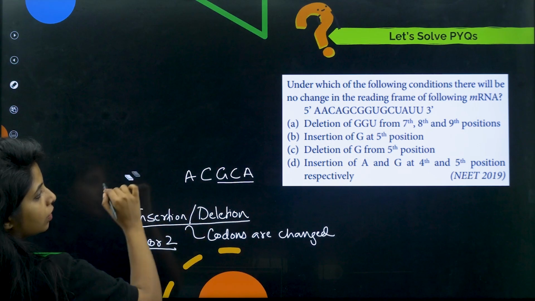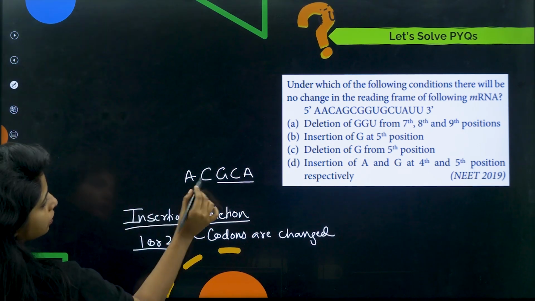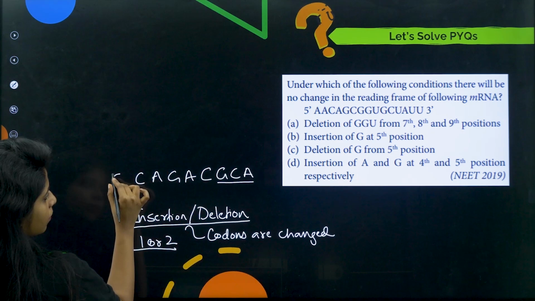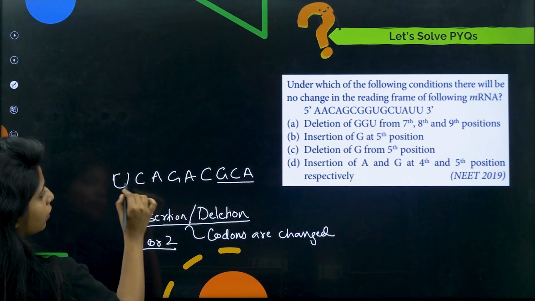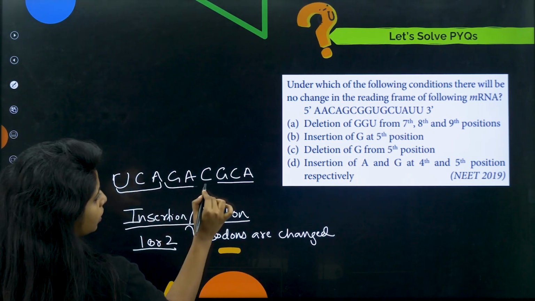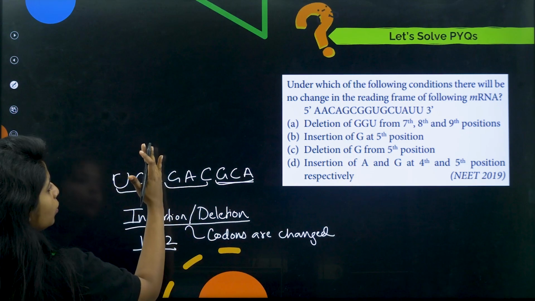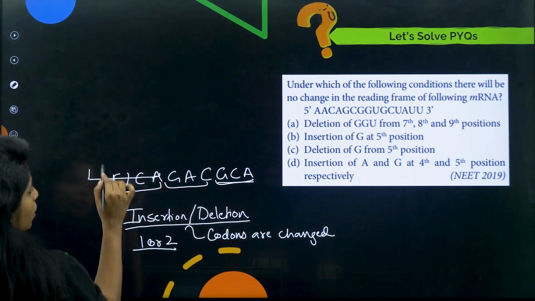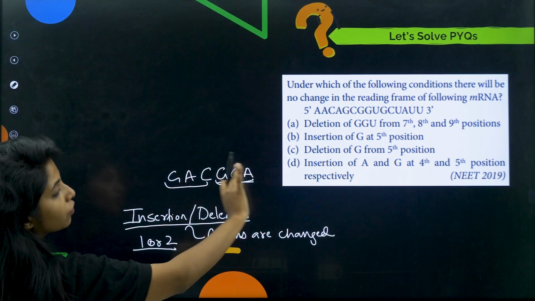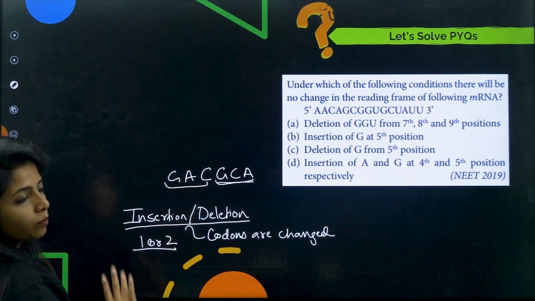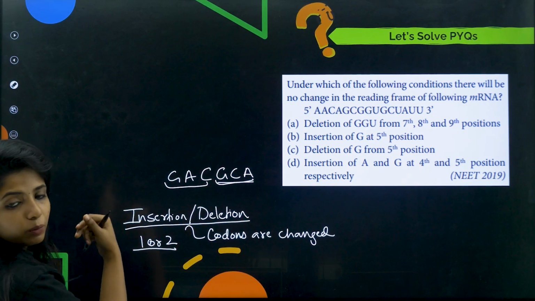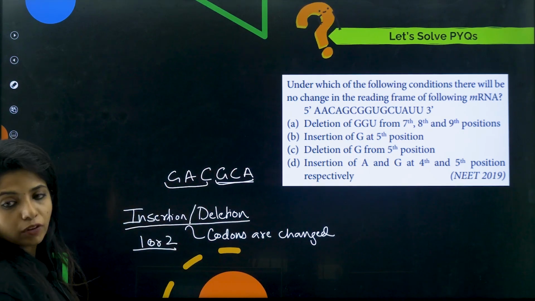No. Initially this was one, this was another, and this was the third one, and I remove the 3 things together. Is it causing any difference in my frame there? This will still code for that amino acid. That one particular amino acid which was over there would be missing, but this will again code for the amino acid.